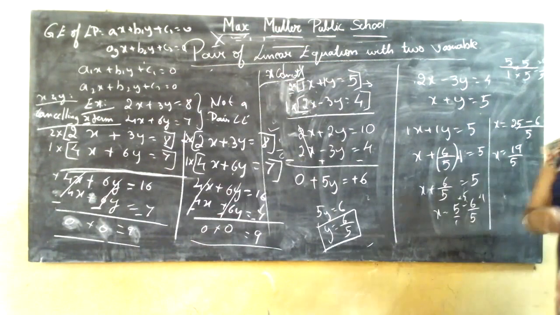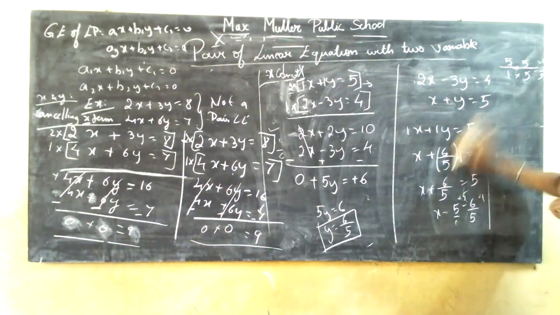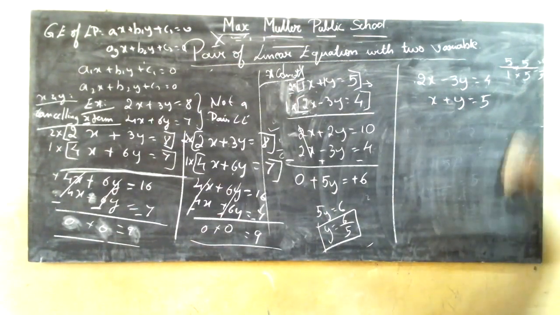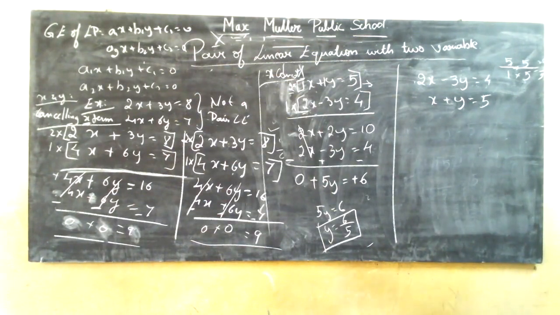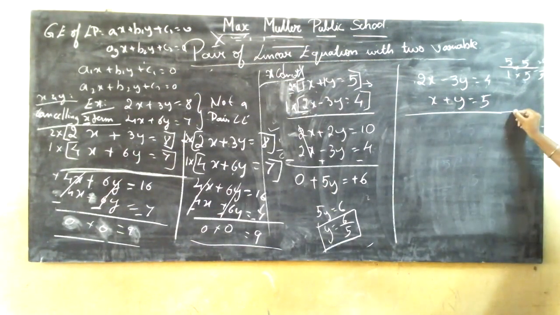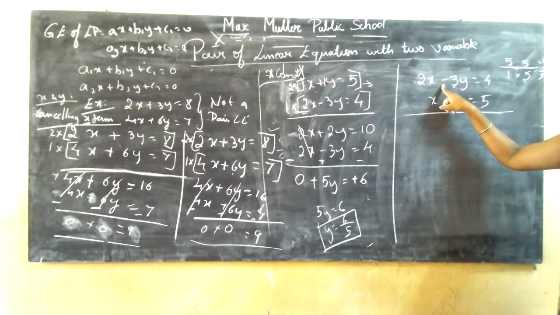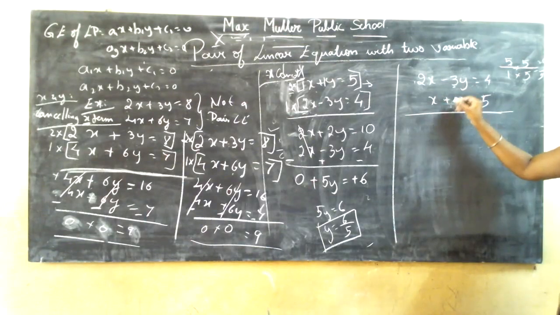Now if I cancel the y terms, what happens? If I want to cancel the y term, as I have told, you need to see first the highest number and the least number. You do not worry about the negative sign, only see the numbers. So it is 3 and here it is 1.